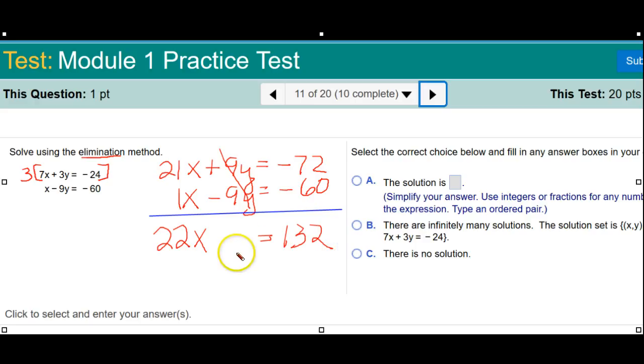And now you will solve for x. Once you get an x, you take this value, I would put it probably in this one, and then solve for y. And I forgot to bring the negative sign down. Be sure you do, so that when you do your division, you get a nice answer.